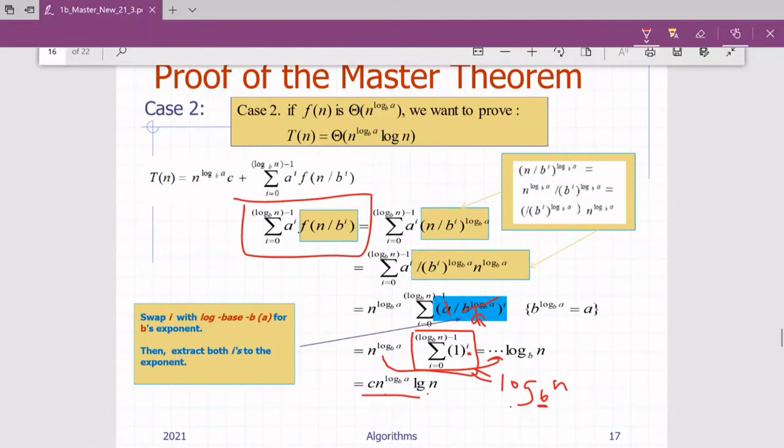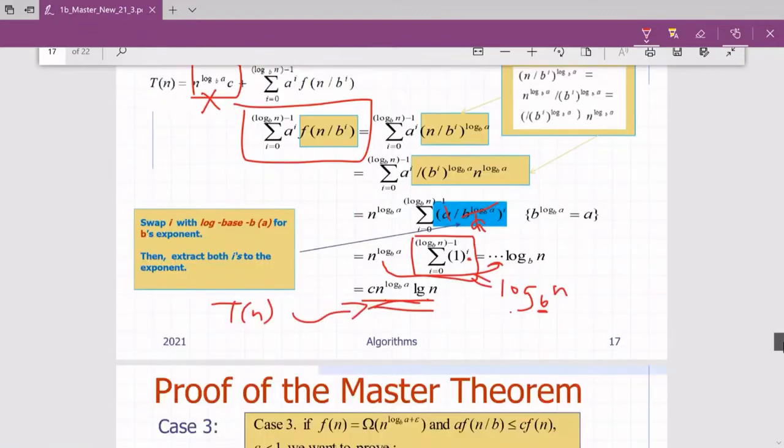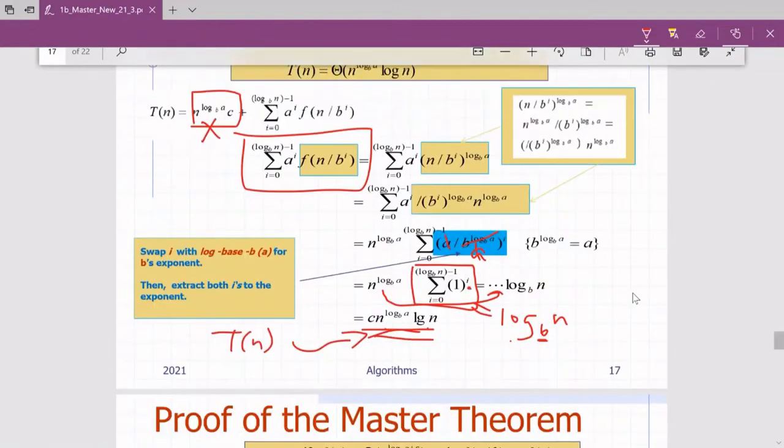And you might have the question about how about this part, because C is smaller than log n. This one is dismissed. So the only thing left here is n^(log_b a) times log n. That's the end of the proof for the second case.